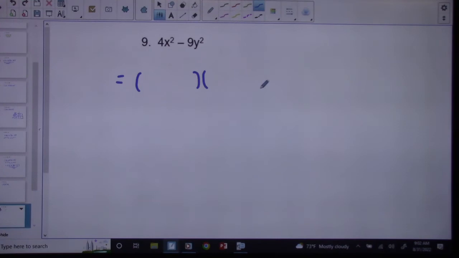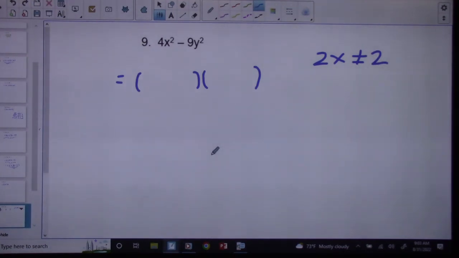What is the square root of 4x squared? 2. What is the square root of 4x squared? 2x. It is 2x. Okay, look at this. I want to show you something. 2x is not equal to 2. Can we agree with that?